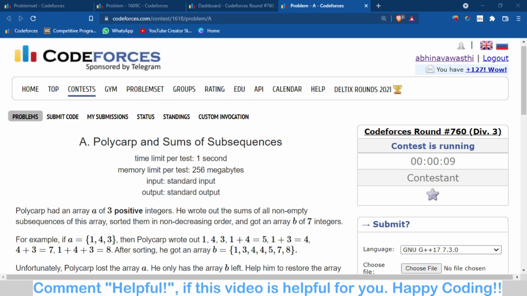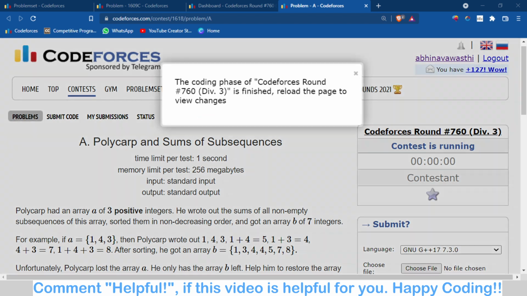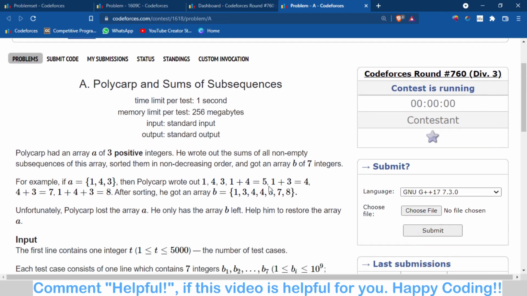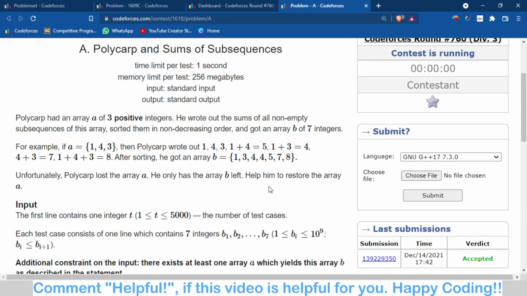This is Abhinav. So in this video, we are going to talk about problem A of Codeforces round 760, which is Polycarp and Sum of Subsequences. So this is a really nice problem. What it is asking is that there are three positive integers, and you are given the sum of all the seven subsequences of this array.